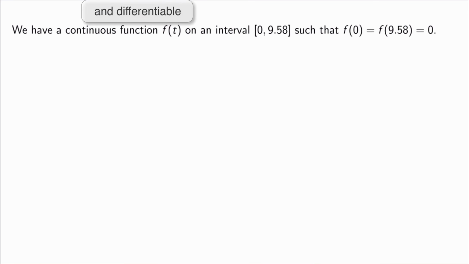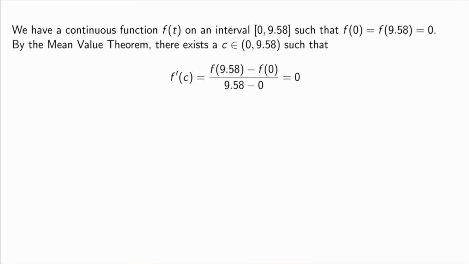We do have a continuous function f of t on the interval 0 to 9.58, so that f of 0 is equal to f of 9.58 is equal to 0. By the mean value theorem, there must be a point c. There can be many points c, but at least one, so that f prime at c is f of 9.58 minus f of 0 divided by 9.58 minus 0, which is 0.